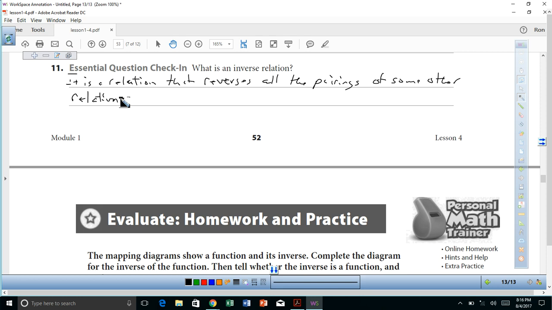If a relation pairs an input x with an output y, then the inverse relation pairs the input y with an output x. In other words, xy would become yx.